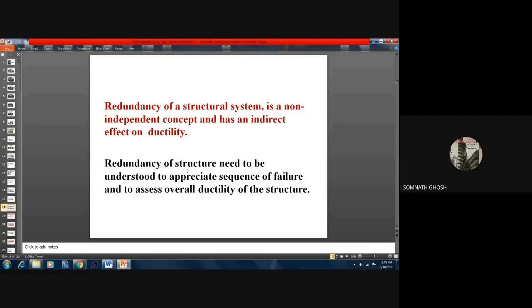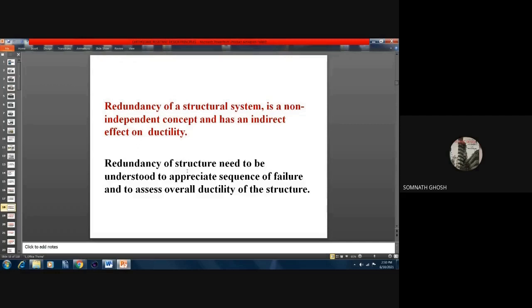So we can assess the ductility to some extent by calculating the ductility ratio. So that is very important. And when you are trying to find out the displacement at the failure stage, it means the way you have defined the failure stage.